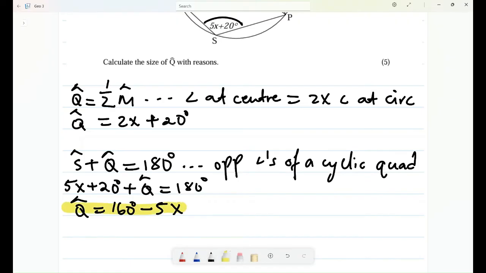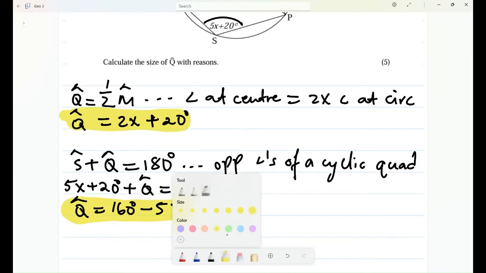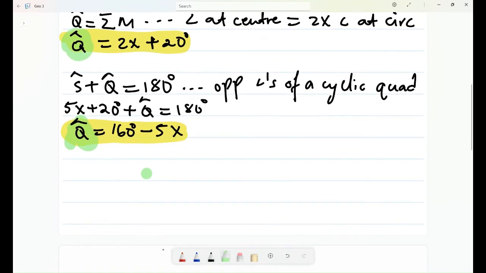I have Q equaling this, and I also have Q equaling that. So I can simultaneously take these equations and say, all right, both of these are Q's. Let me equate these Q's. So if I'm equating those Q's, I'm going to say 2x plus 20 degrees.